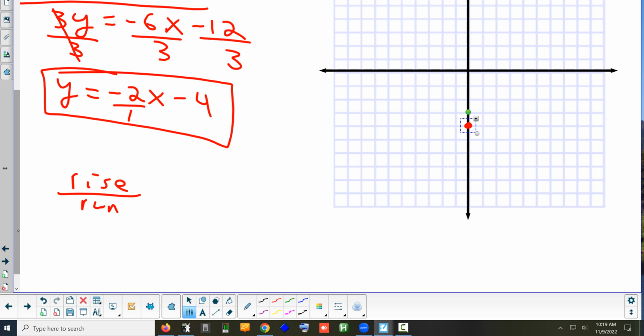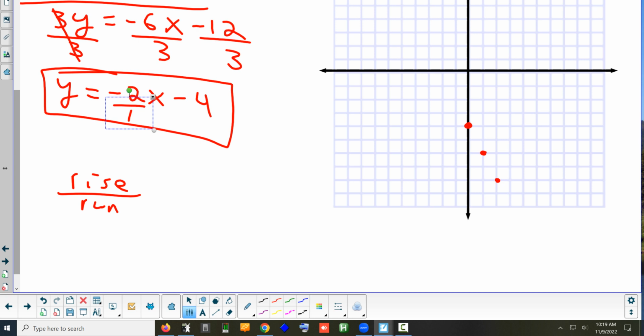What's a rise of -2 mean? Down 2. And then I said I always go down, and then which way? Right. We're going to go down 2, and we're going to go to the right, how many? 1. So from this point, down 2, right 1.